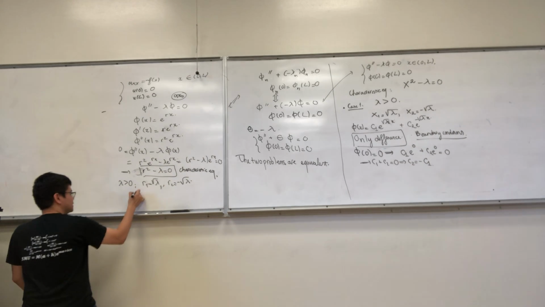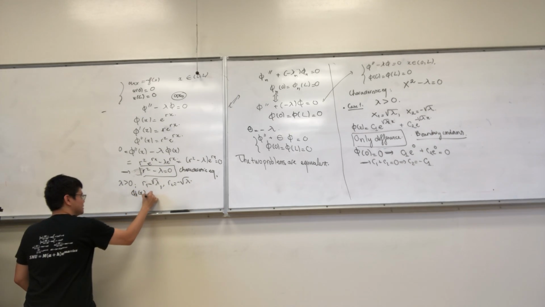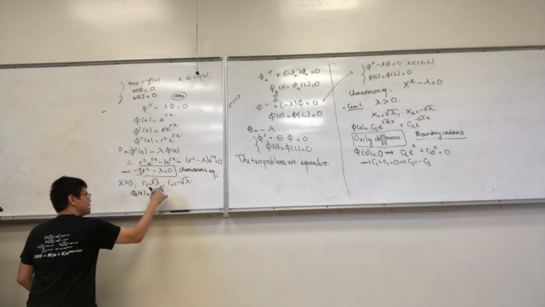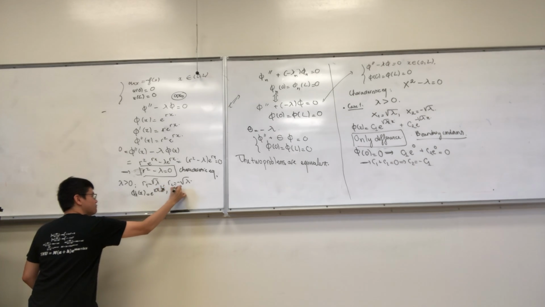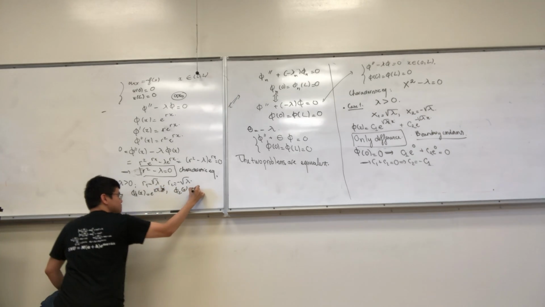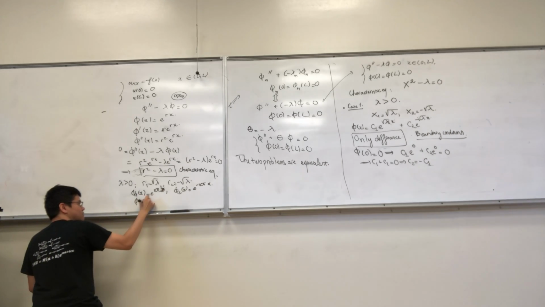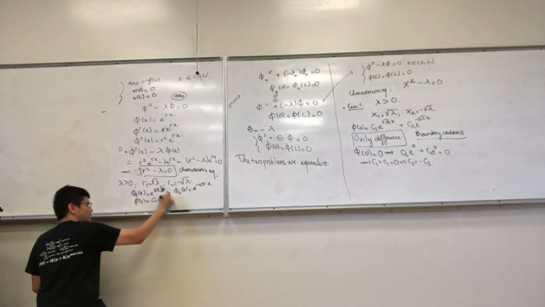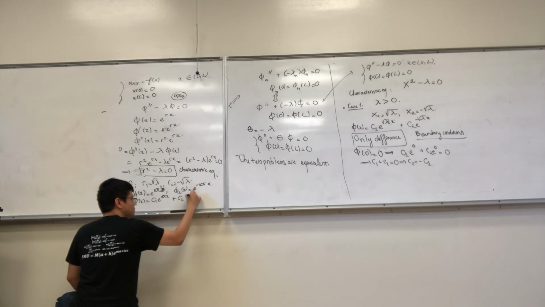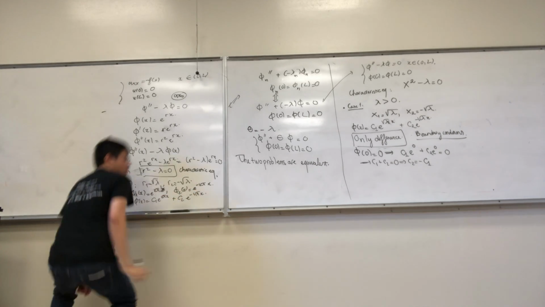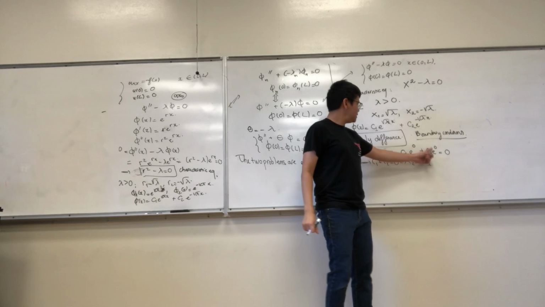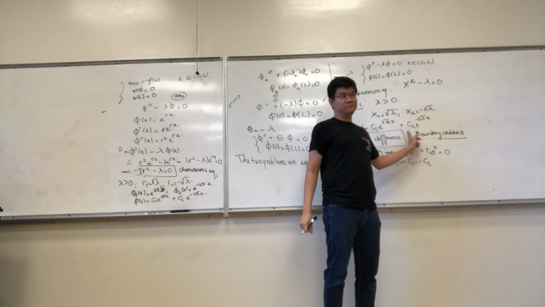The first one is phi 1 of x equals e to the square root of lambda x, and phi 2 of x is e to the minus square root of lambda x. So the solution will be the combination of the two: C1 e to the square root of lambda x plus C2 e to the minus square root of lambda x. This is what we wrote here. It's clear?